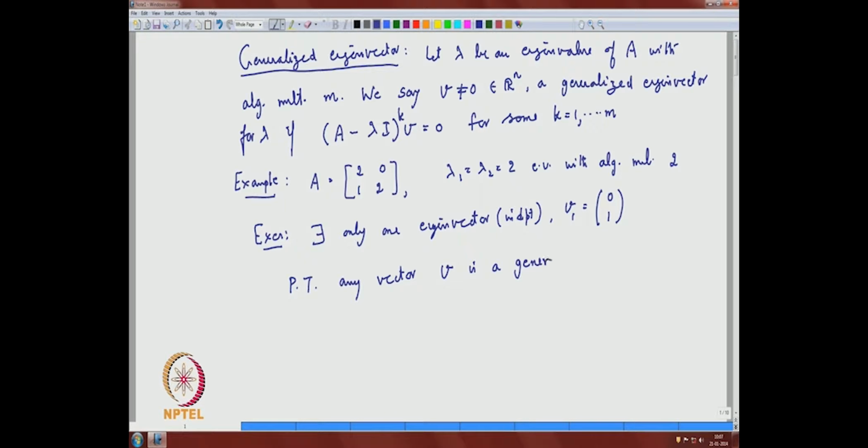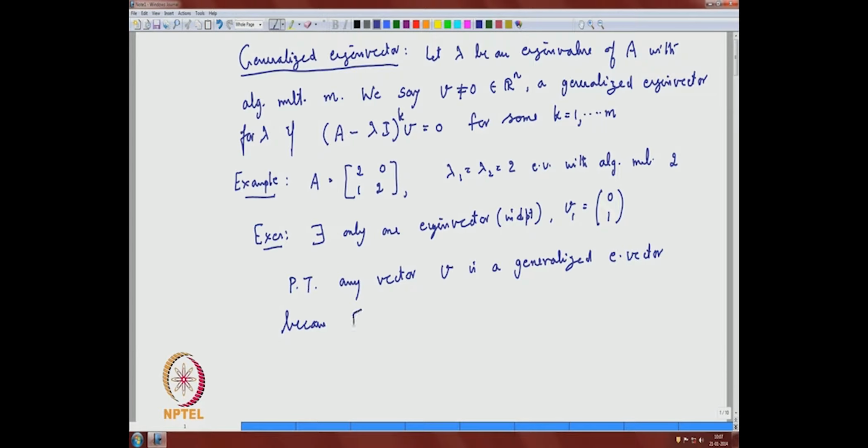This is because you can see that (A minus 2I) whole square is nothing but the 0 matrix. Once it is a 0 matrix, every vector satisfies it.